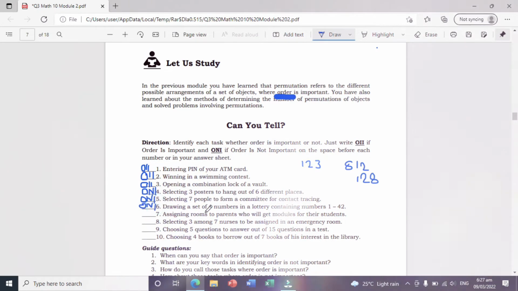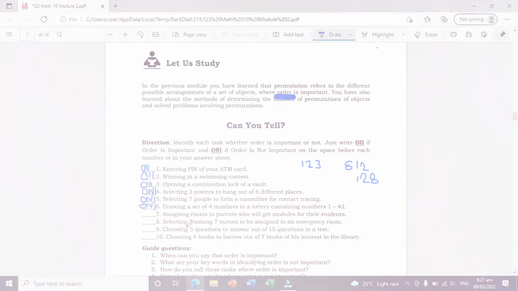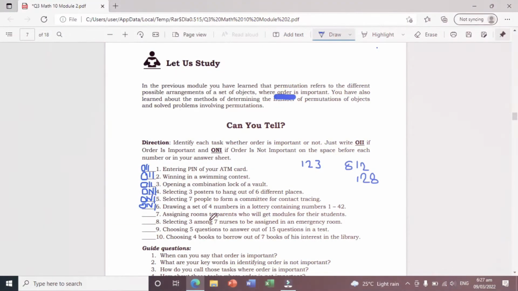Number 7. Assigning rooms to parents who will get modules for their students. So, is order important? Yes, kasi what if si parent 1 nandun sa room A, tapos parent 2 sa B, at saka sa C yung parent 3.